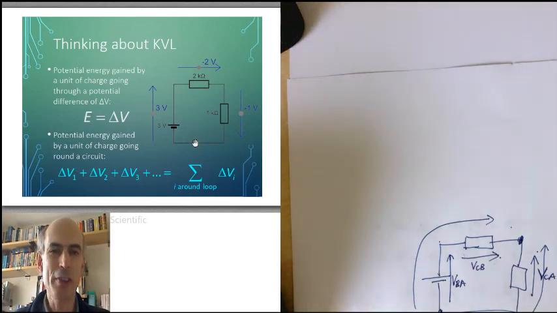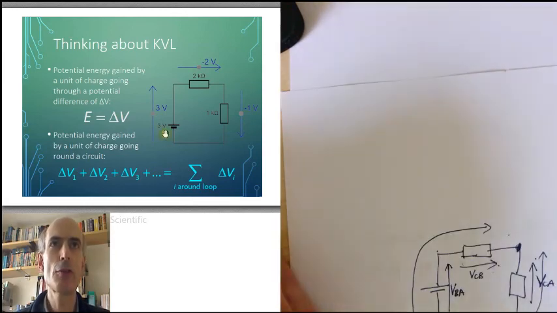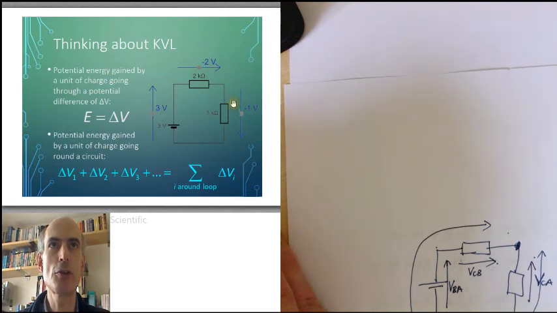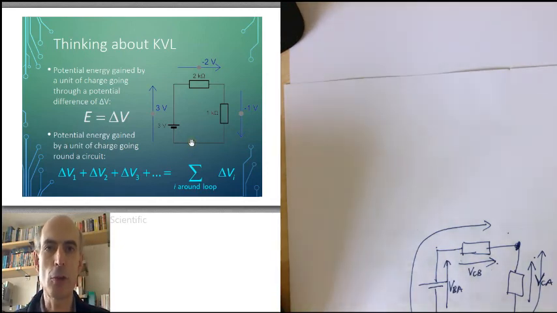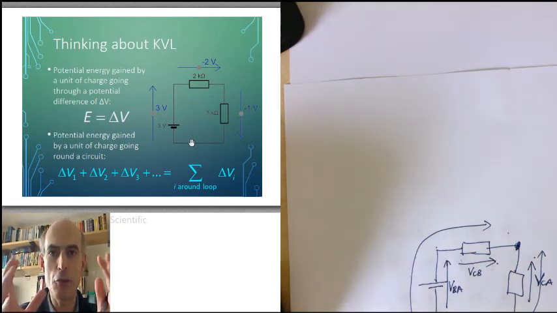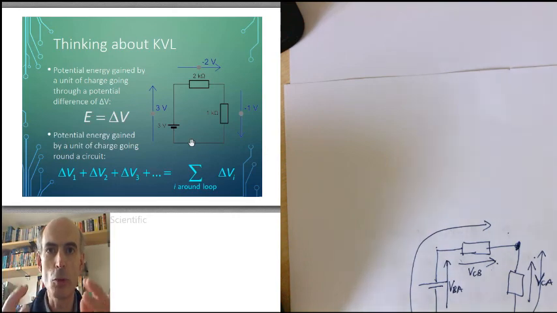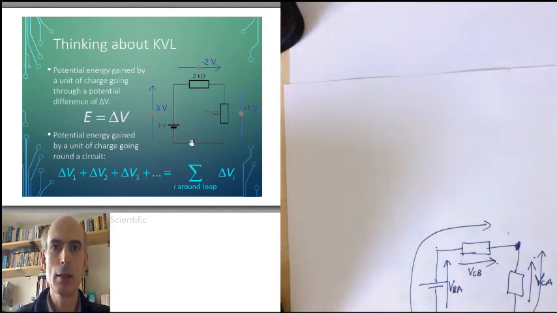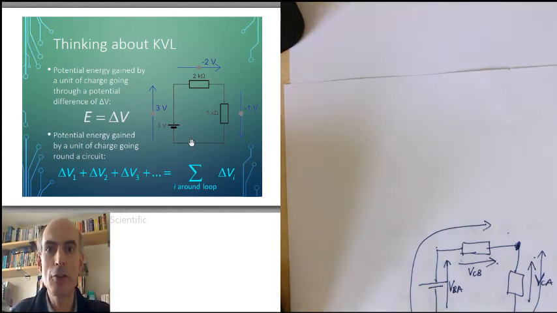If that wasn't the case, if this voltage here plus this voltage here plus this voltage here was not 0, then the charge would end up back at this point in the circuit with a different amount of energy than it started with. So if you left the circuit running indefinitely, the charge would either gain more and more energy, or lose more and more energy, eventually having an infinite amount of energy, or losing an infinite amount of energy.